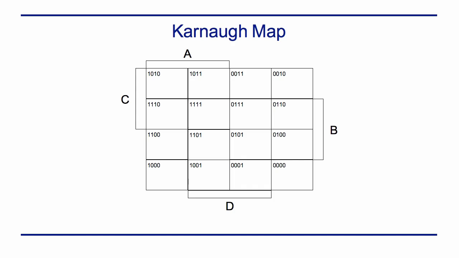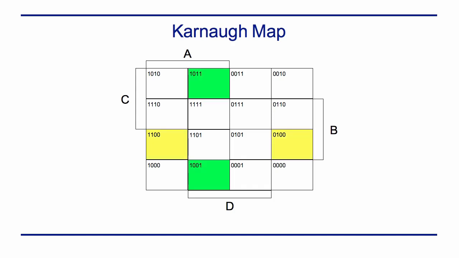We could say that a cell is adjacent to another if the bit pattern for the corresponding value in the truth table differs by only a single value. This is a vital property of a Karnaugh map. This definition of adjacency means that cells that are diagonal neighbors of a cell are not adjacent to it.